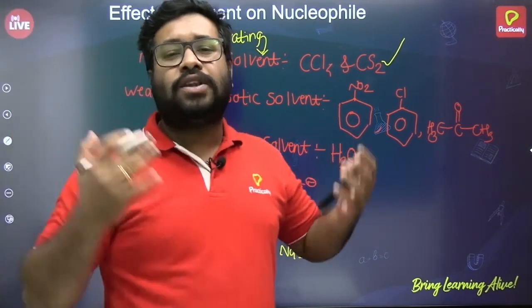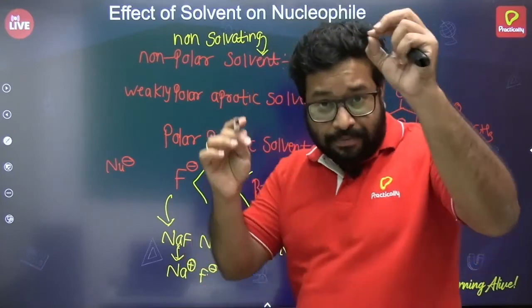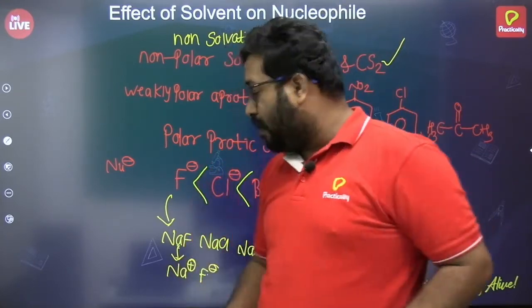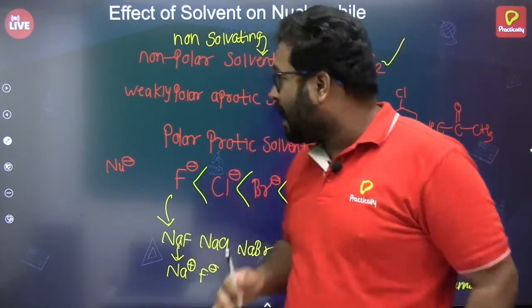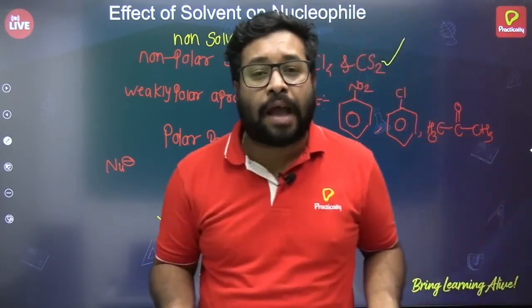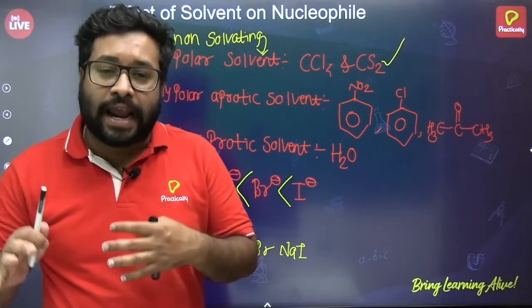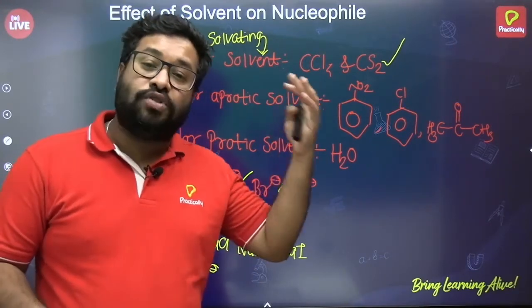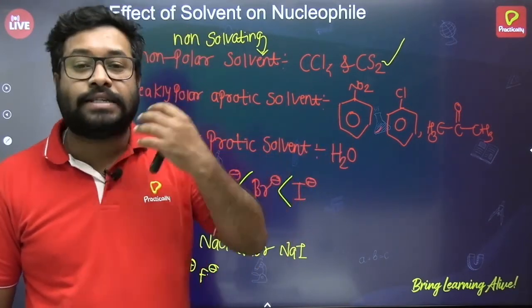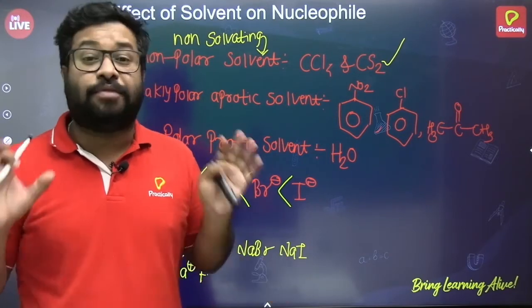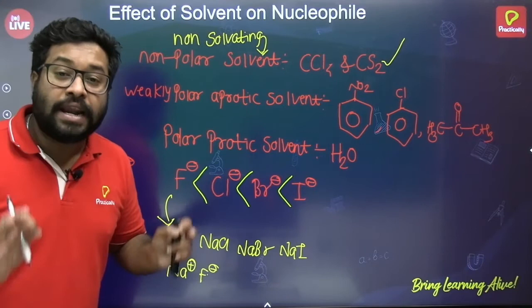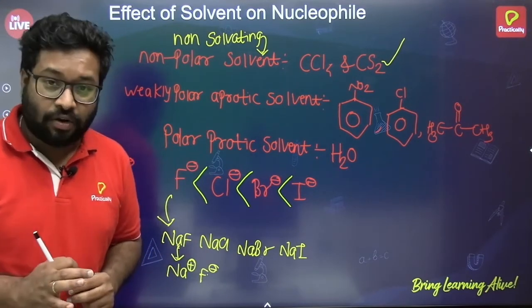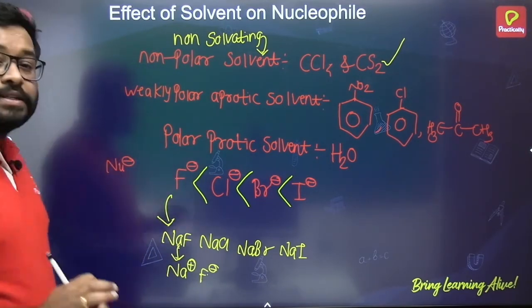Now whenever they are non-solvating, that means what? If you put a salt, NaF or NaCl or NaBr or NaI, into this solvent, then what will happen? They would not solvate Na plus, nor Cl minus, Br minus, I minus, or F minus for that matter. That means this salt would remain as a salt only.